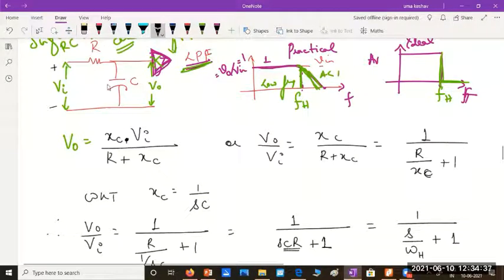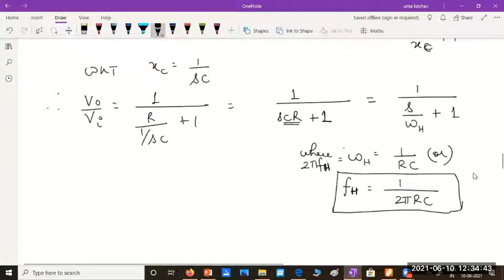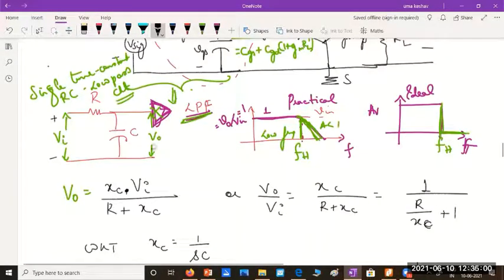This is called an RC low pass filter, and I have shown you how to find the transfer function of this circuit. The transfer function is given by this expression, 1 by (s by omega_H plus 1).